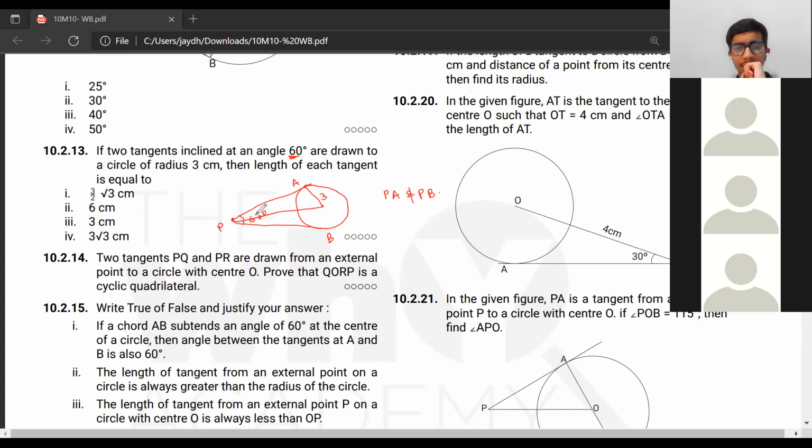It will divide the angle into 30 degrees. Then we will use tan 30, with tan 30 equal to AO by PA. What is the value of tan 30? 1 by root 3. 1 by root 3 is equal to 3 by PA. So from here you get the value of PA as 3 root 3.